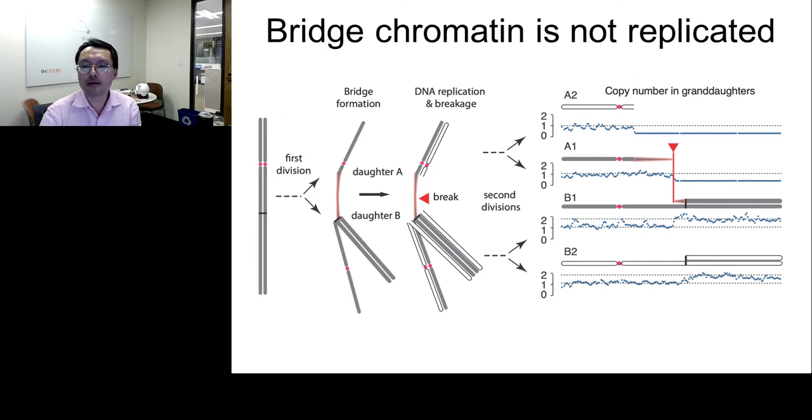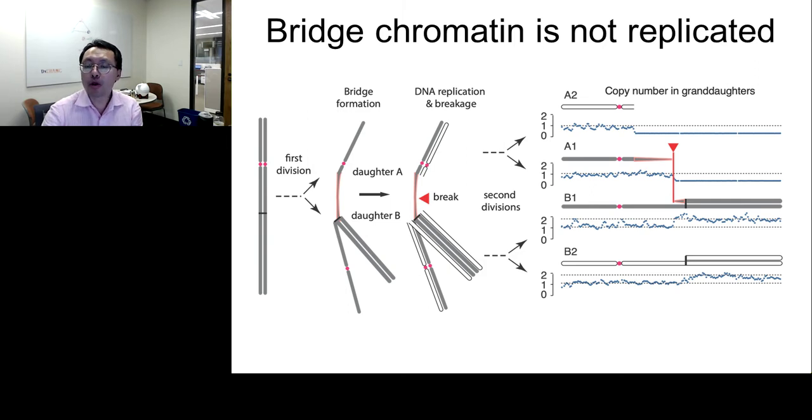Now, as the bridge was resolved to generate 2 granddaughter cells from each side, this middle part of the bridge chromatin was not replicated and is only inherited by 1 granddaughter from each side, whereas the other 2 granddaughters do not inherit any piece of the bridge chromatin. And that explains the pattern of loss of DNA material in the bridge because of lack of DNA replication.